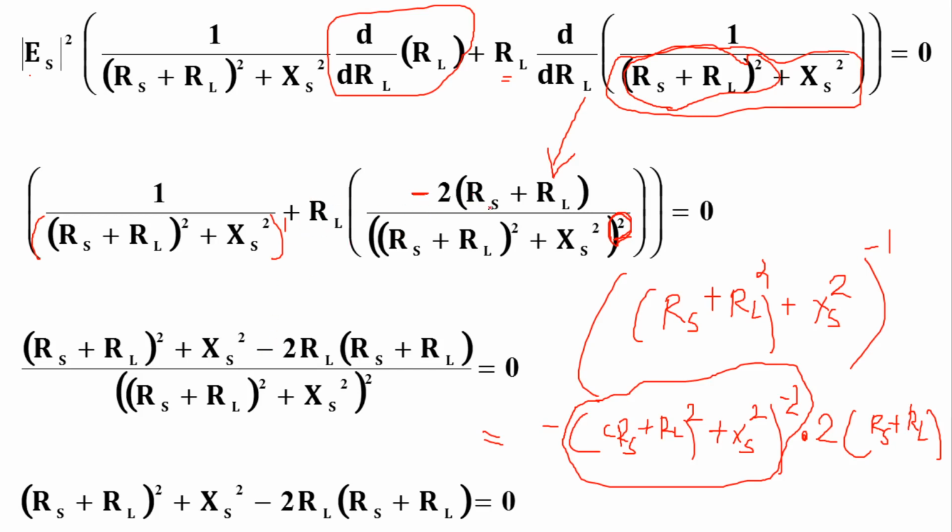RL multiplied with this entire term becomes minus 2 RL, RS plus RL, which is equal to 0. This multiplied with 0 becomes 0. So the final simplification will look like this: RS plus RL whole square plus XS square minus 2 RL into RS plus RL is equal to 0.